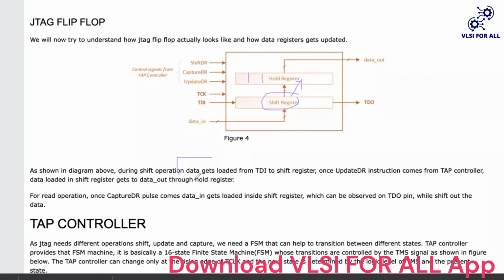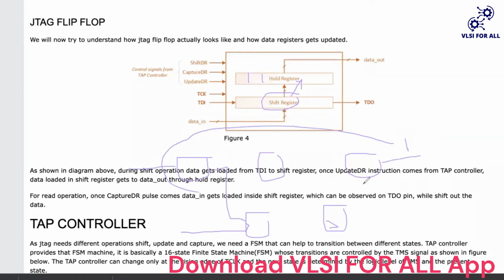So basically, when I showed you this diagram, there was this one pulse, and this was being connected to this one, and the update pulse was coming. Your TDI and TDO are connected to these flops, this shift register. This is the shift register I'm showing. If you connect it to this one, there is no TDO connected to it, right?